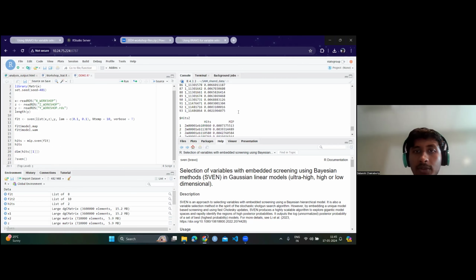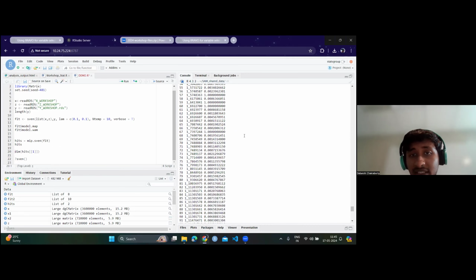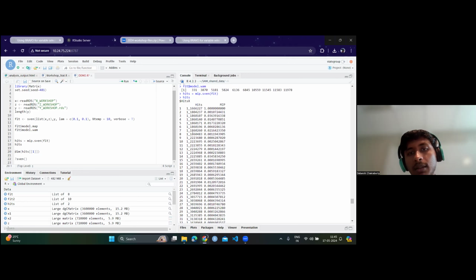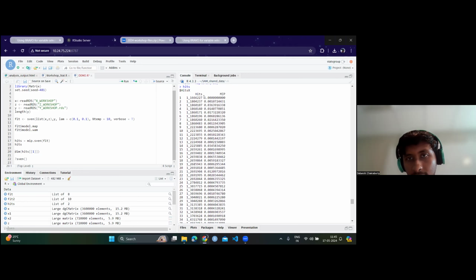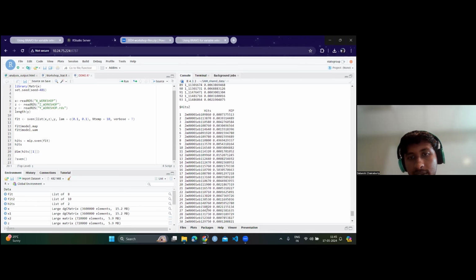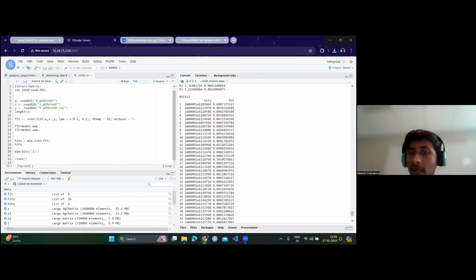It returns which of the SNPs were selected, the column names, because the people who work in biology are really interested in the column names. So the names of the SNPs and their marginal inclusion probabilities. And for the gene expressions, it does the same. It returns the names of the gene expressions and their marginal inclusion probabilities.